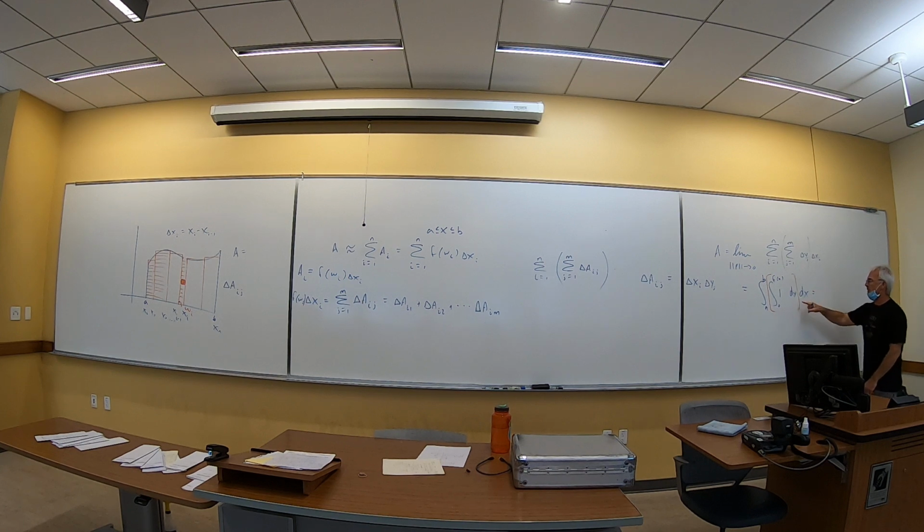What's the integral of 1 dy? That'd just be y evaluated from 0 to f of x. But this still lives inside this. Now, when I evaluate y from 0 to f of x, what do I get? I get f of x minus 0.